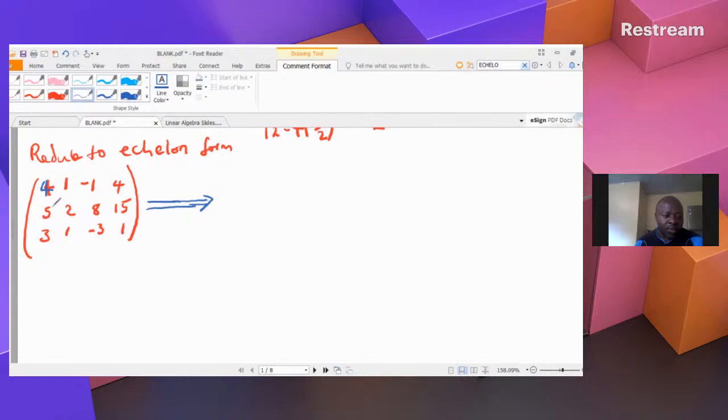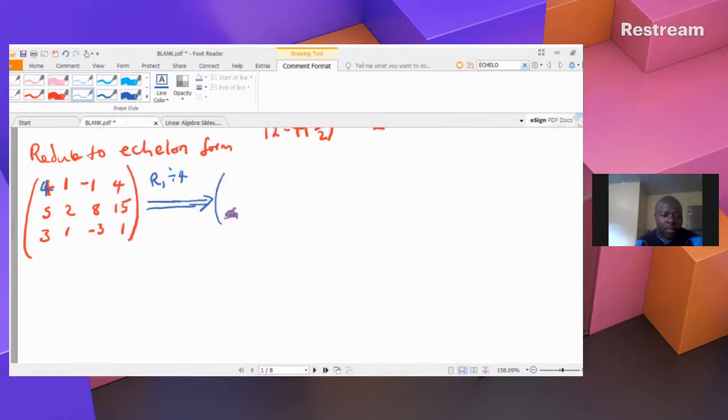When I subtract row 3 from row 1, this 4 minus this 1 will give me a 1. But let's use the method that we've used before. The method we've used before was row 1 divided by 4.